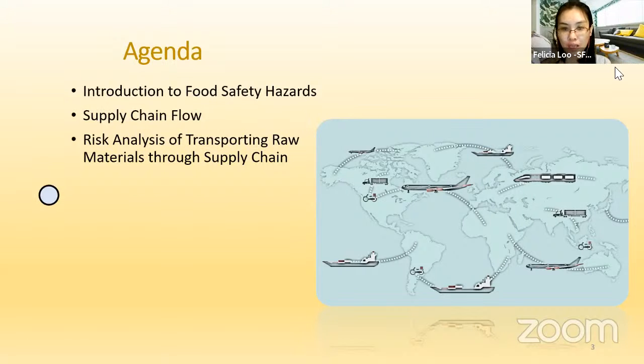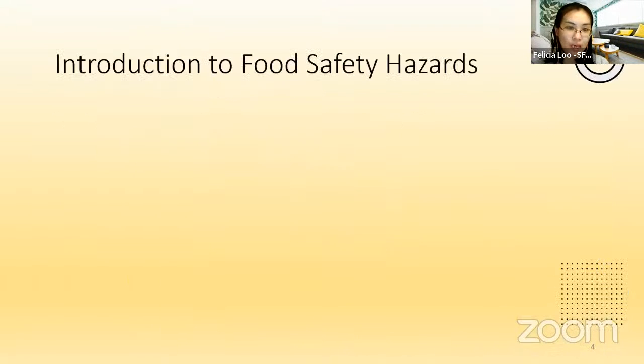This is a great map because I can see you have flights coming in, you have ships going on, you have a lot of local transportations in terms of moving the products around and making sure that the products actually come into our local grocery stores, get to our warehouse, get to our food manufacturing facility, so that they can make the food and produce it and send it back to us.